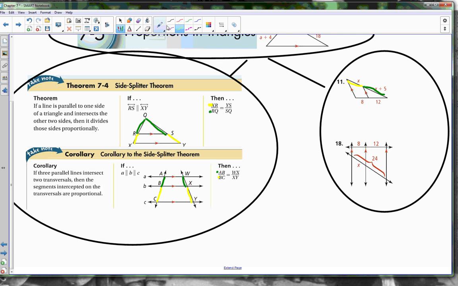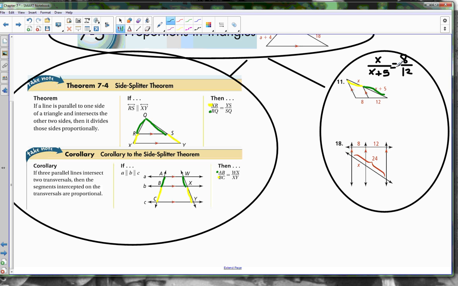So we're going to say x over x plus 5 is proportional to YS, so the little guy here, 8, over 12.